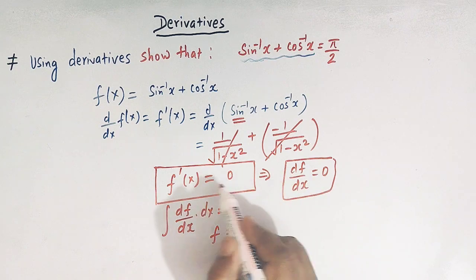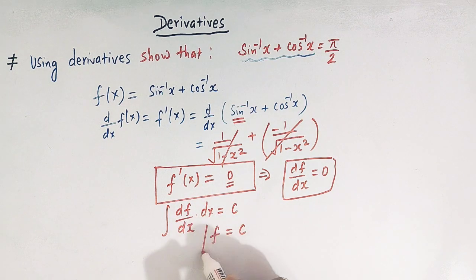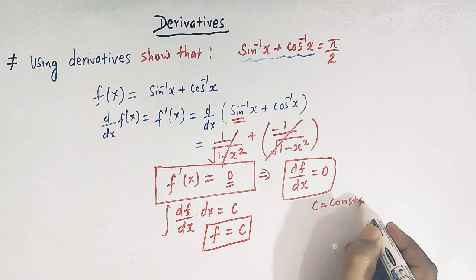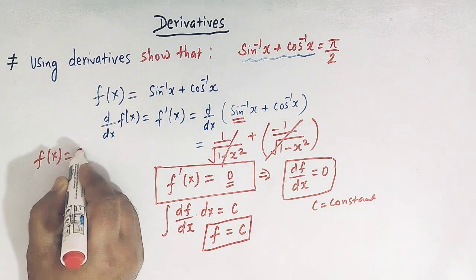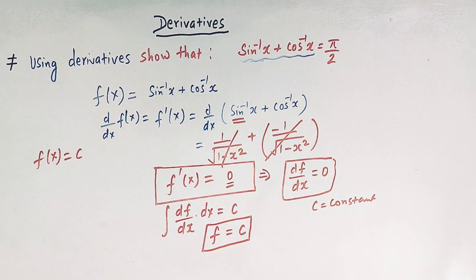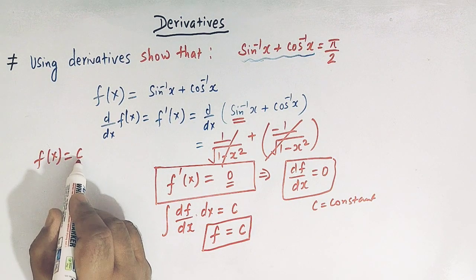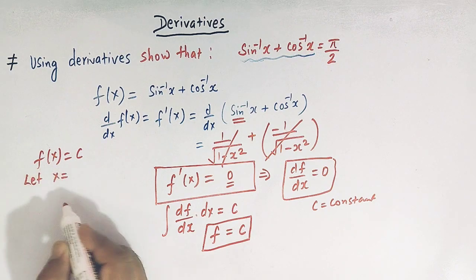Since f prime of x is equal to 0, the function must be a constant function where c is some constant. So f of x is equal to c, and our aim is to find the value of c.